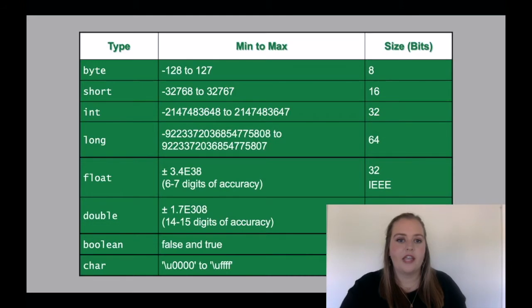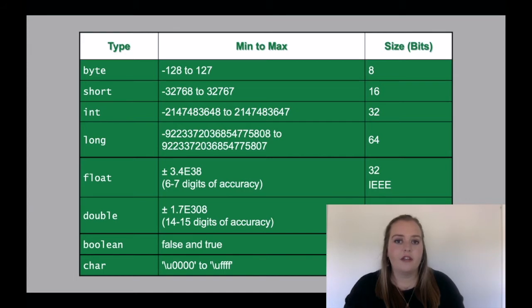So we take -2 to the 7th power to get -128 for a byte. To get the maximum value, we take 2 to the 7th power minus 1. That gives us 128 minus 1, and we get our maximum of 127. That's the range of values we have to put into a byte.